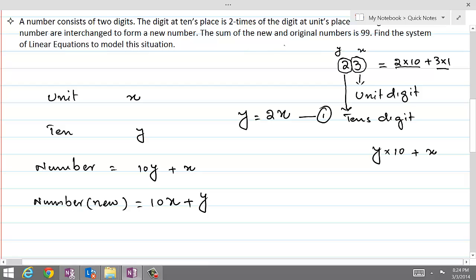The sum of the new and the original number is 99. So the second relation we have here is that 10y plus x plus 10x plus y is equal to 99.